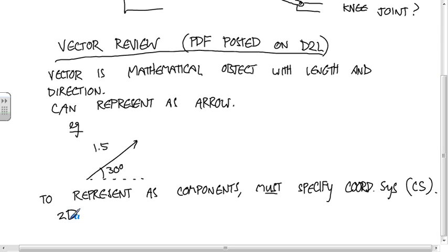In 2D, once you specify a coordinate system, you can represent a vector like this. And this is the notation I'm going to use, square brackets with the first component on top and the second component on the bottom. Okay. And in 3D, you'd have 3 components.